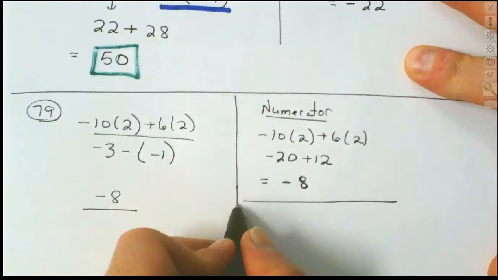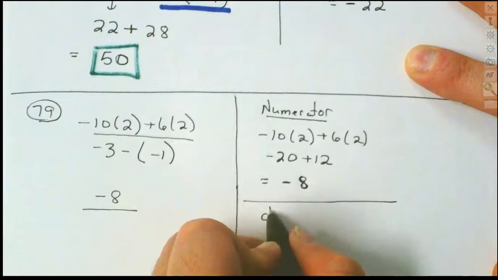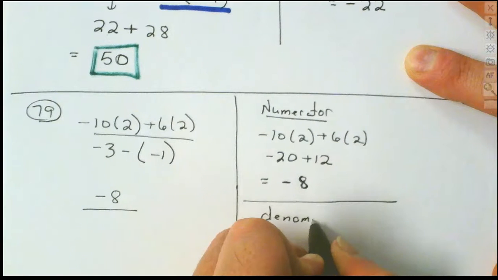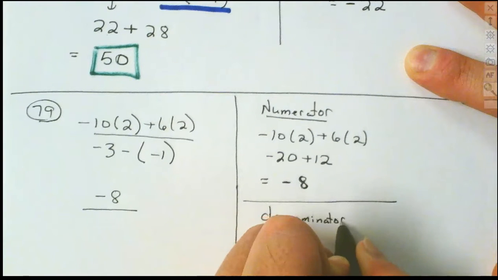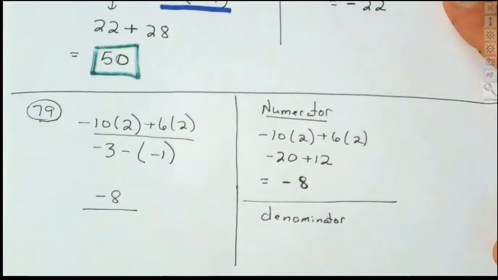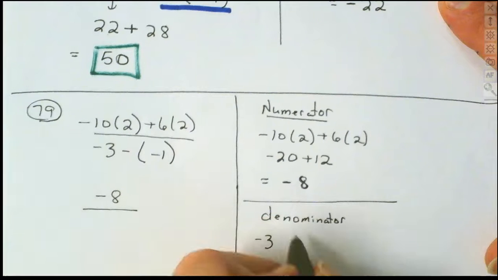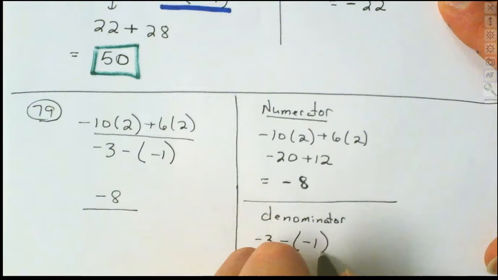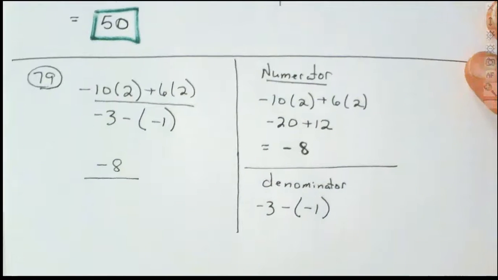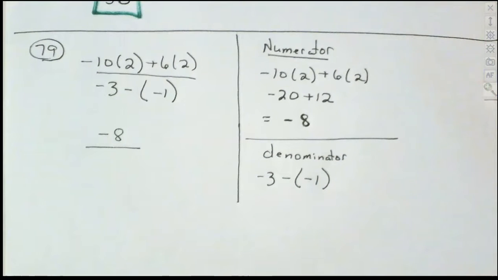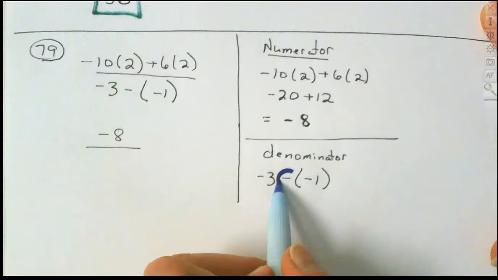Repeat the process with the denominator. So in our denominator, we have a minus 3 minus a minus 1. Remember, when we have parentheses, that's multiplication here.